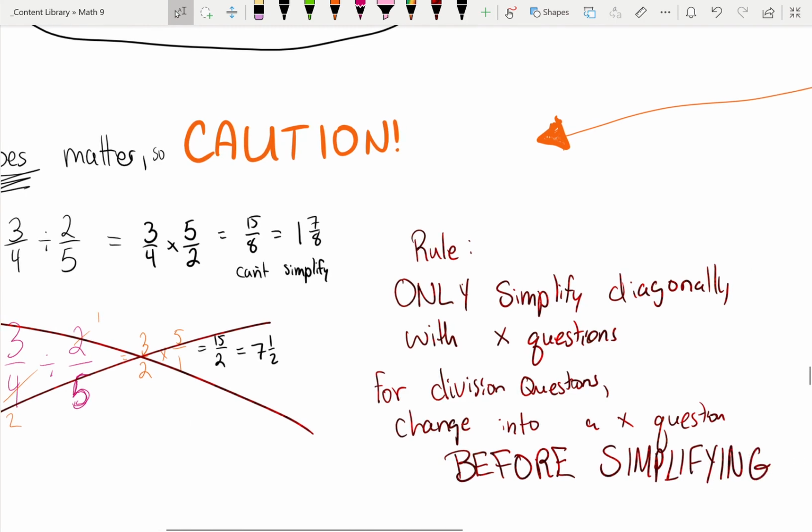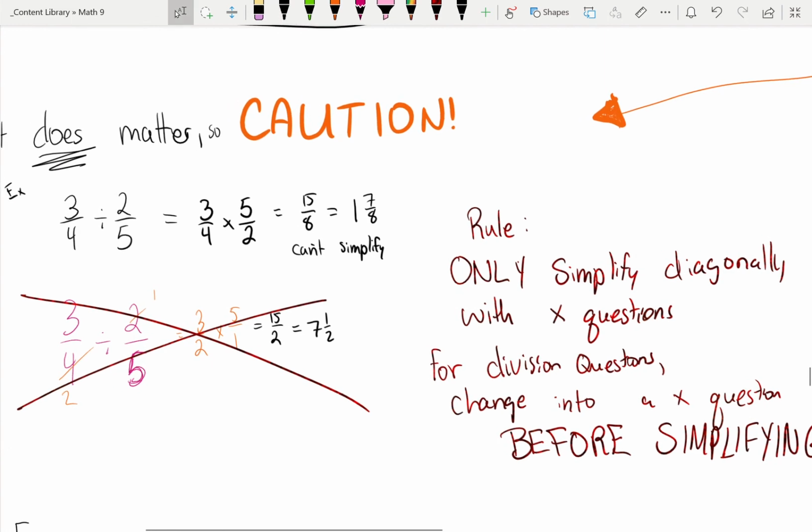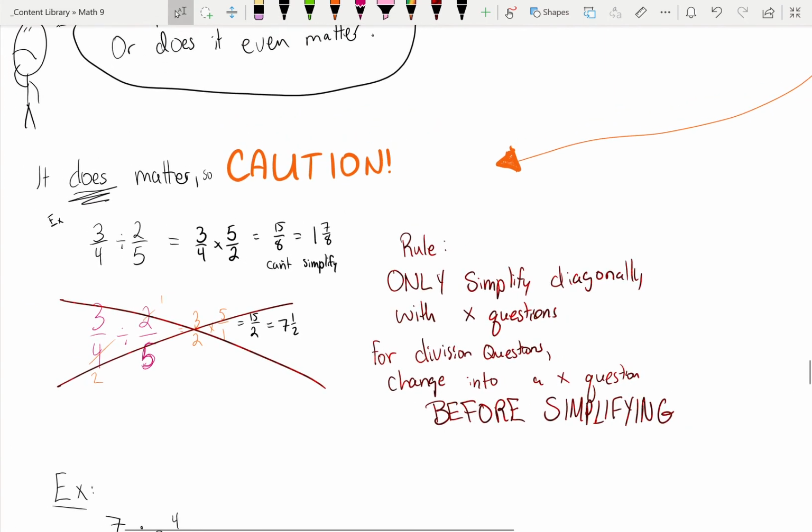This is another common mistake, and because we flip it, it does change the value of our answer, and we want to avoid that. So my rule of thumb is if you see a division between two fractions, don't even think about canceling. Just flip it first and then think about how to do it.